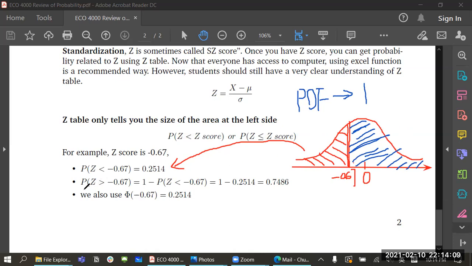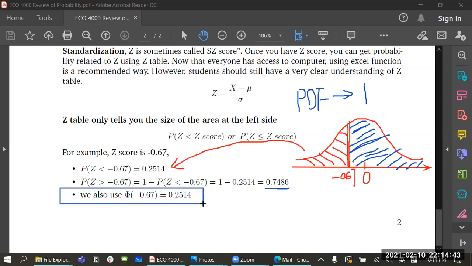So the probability of z larger than -0.67, larger or larger than equals to, it doesn't matter, equals 1 minus the probability of z smaller than -0.67. So then the blue area is actually 0.7486. Last but not least, this one's also very important. I'm going to mention it a thousand times.